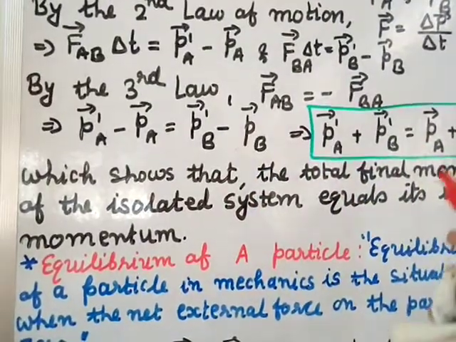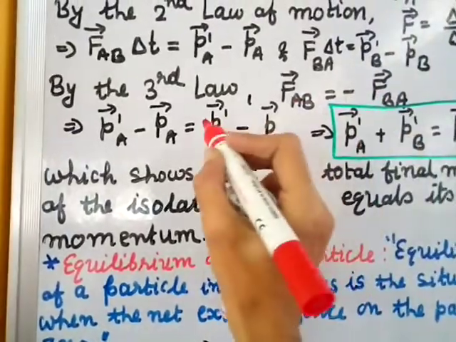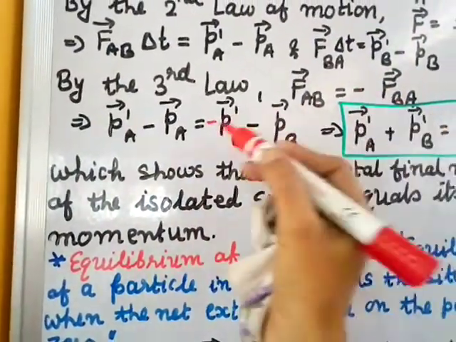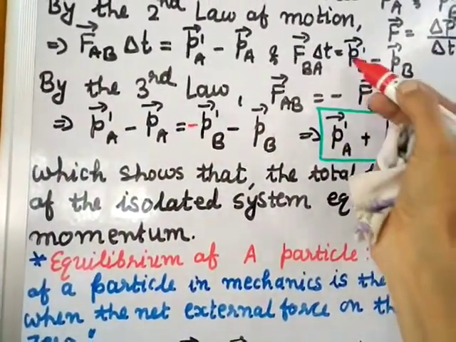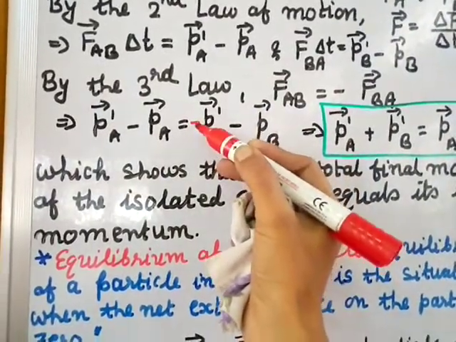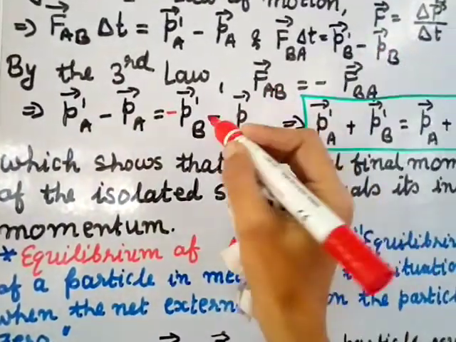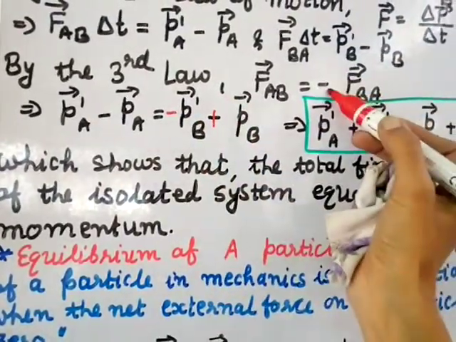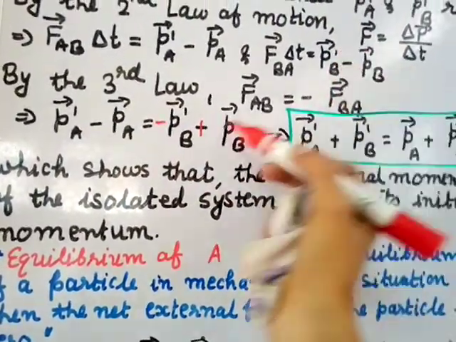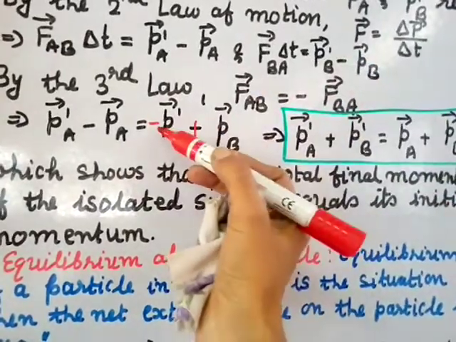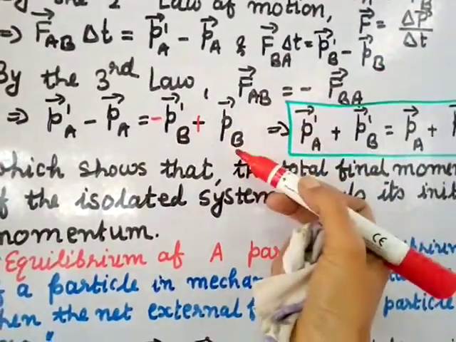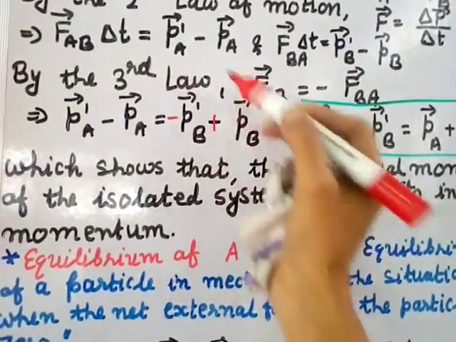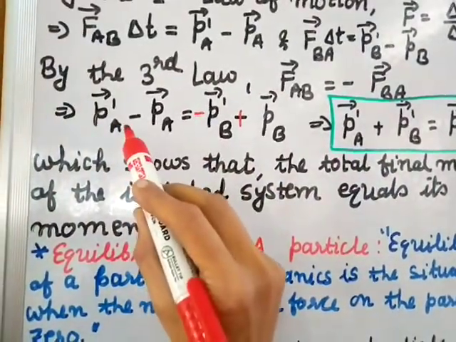Sorry, I missed out the negative sign. This negative sign remains here, so with the minus sign, P dash B becomes negative, and this minus becomes plus PB. Now transfer the negative term over here so it becomes positive.